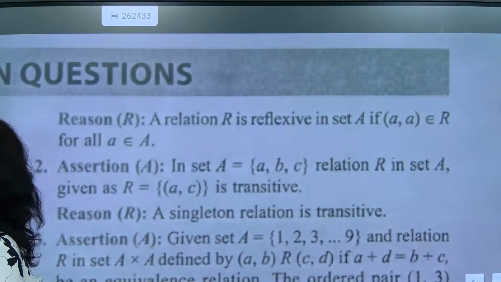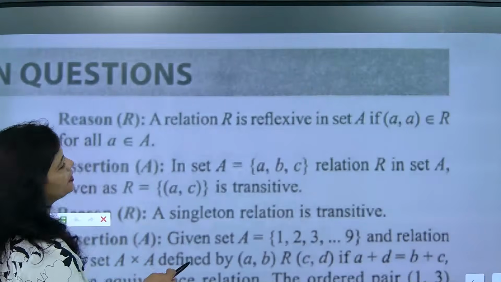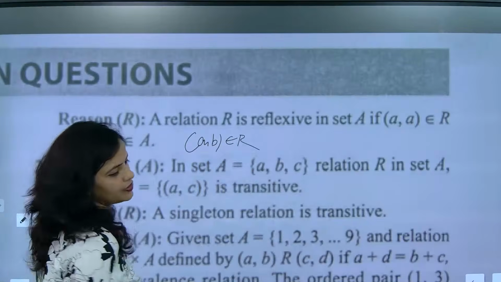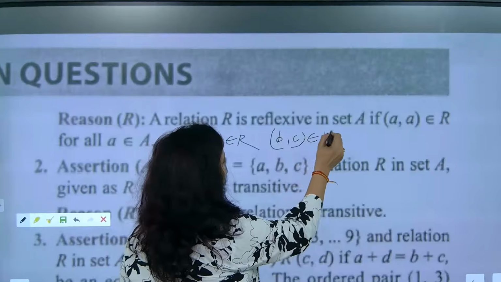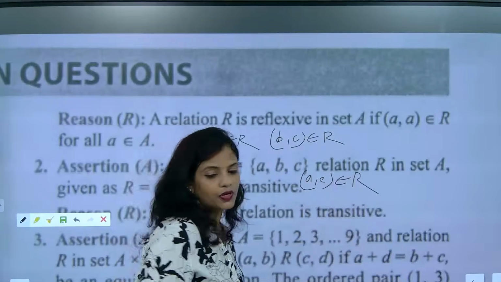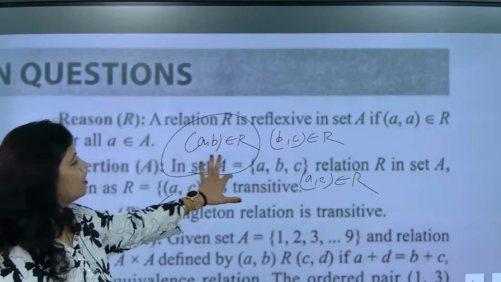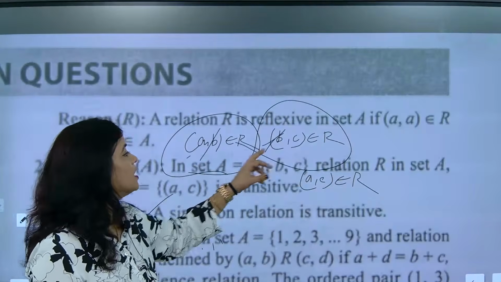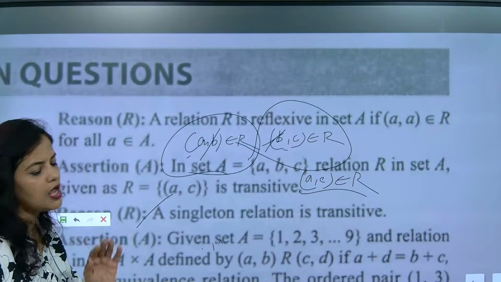Definition-wise, whenever we talk about transitive relations, we know one thing: if (a, b) belongs to R, and (b, c) belongs to R, then (a, c) must belong to R. This is one definition. Like (a, b) belongs to R, (b, c) belongs to R, then b you cancel, and (a, c) must belong to R. That's the most important thing for transitivity.